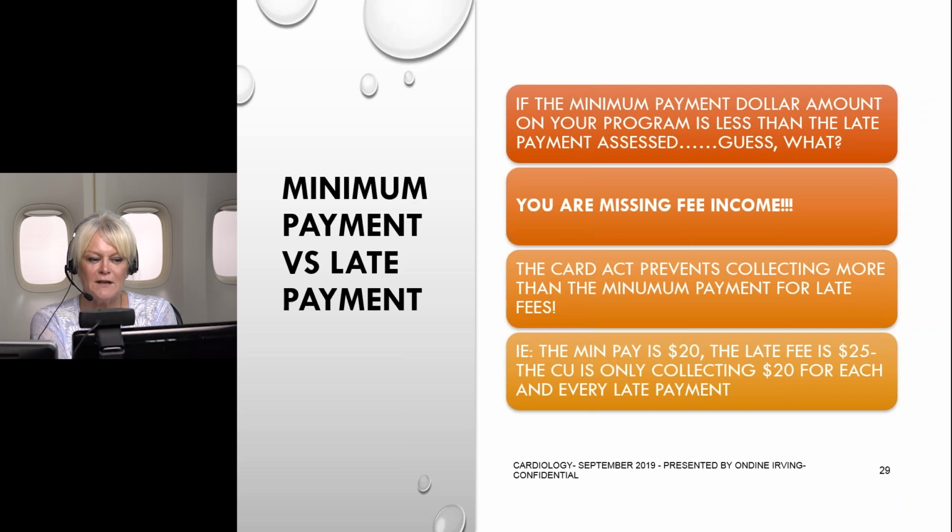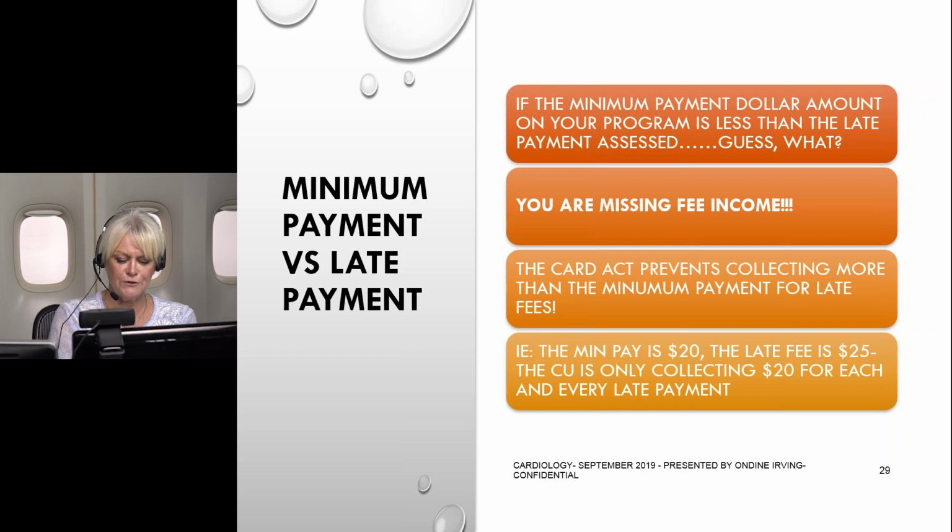So let's say your minimum payment is 20 or worse. What if it's 15? But your late payment is 25. For all these years, guess what? You're not collecting $25. You're collecting the 15 or the 20, whatever the minimum payment is. This can be a huge amount if you have that discrepancy within your portfolio.